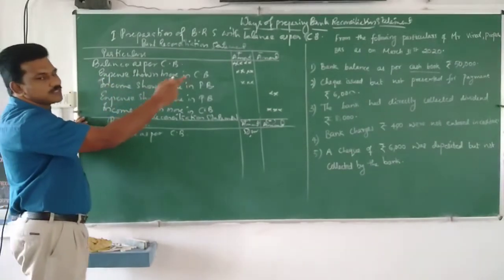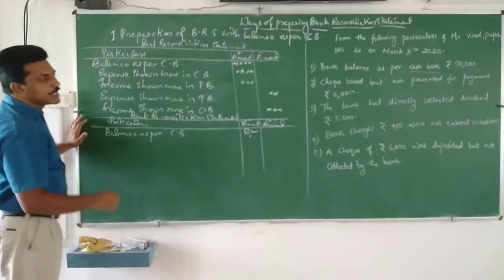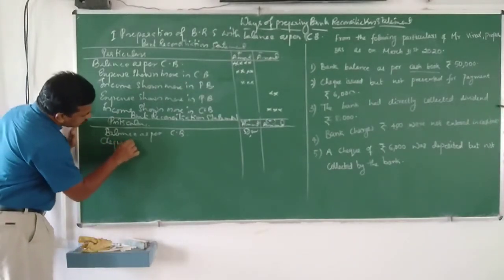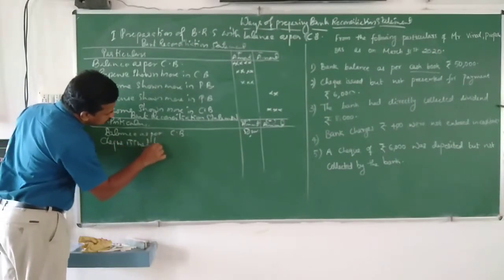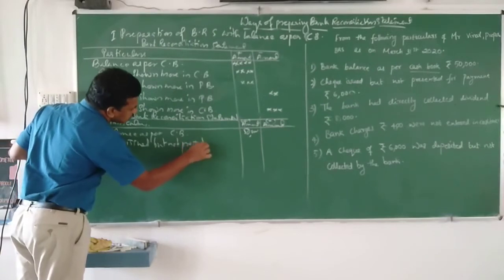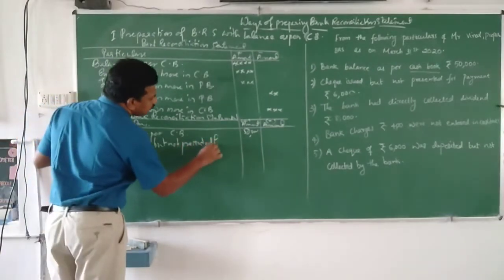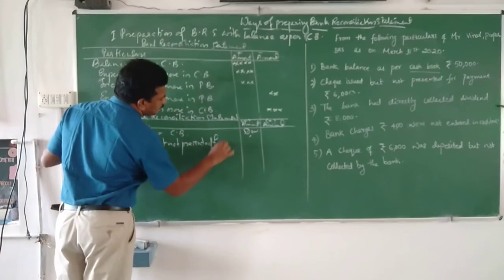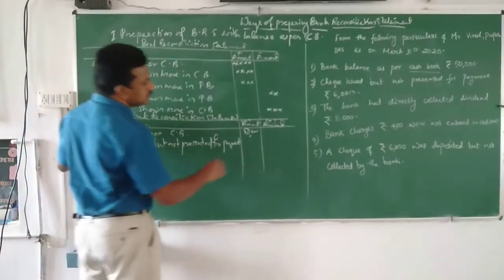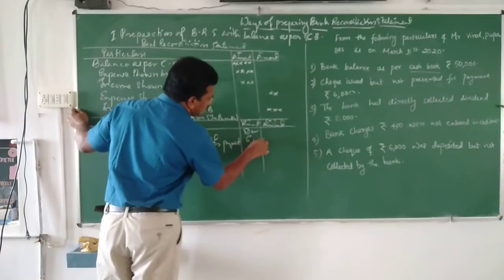We have to write what is there in the question. Okay, check issued but not presented for payment. How much? 6,000. It can be added.